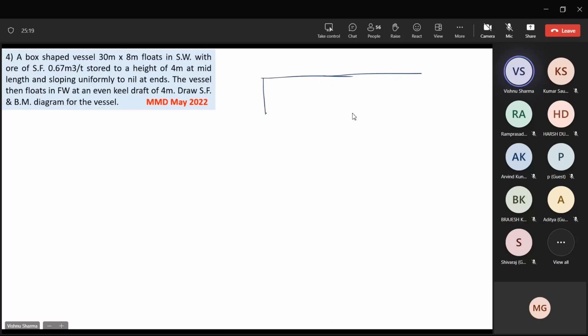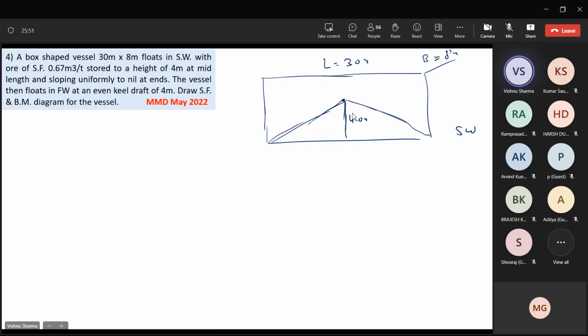So you have a 30-meter long, 8-meter wide vessel that floats in sea water with ore of stowage factor 0.67 cubic meters per ton, stored to a height of 4 meters at mid length and sloping uniformly to 0 at the ends. That means we are seeing the side elevation of this vessel. This is how the cargo is. This is the cargo.